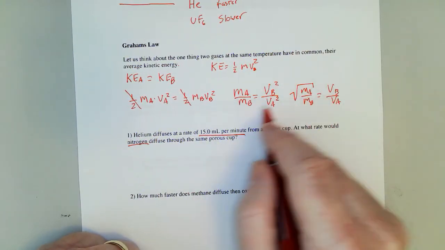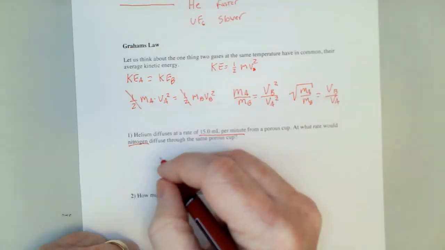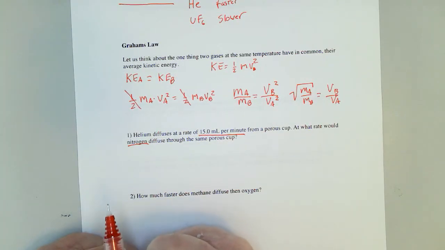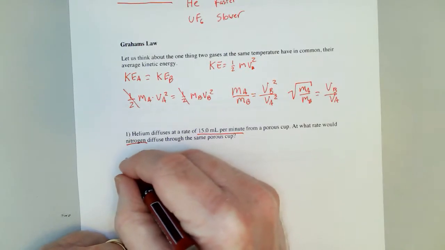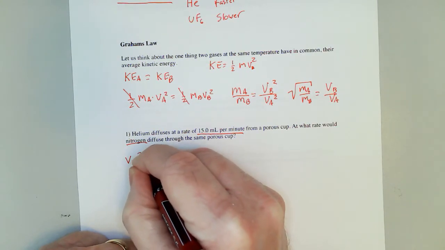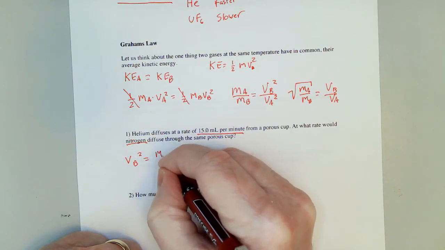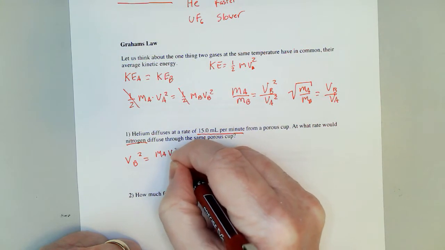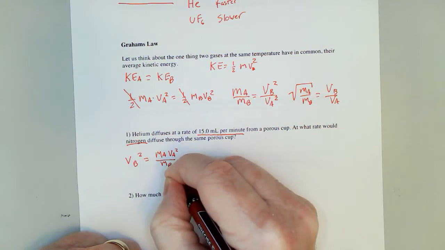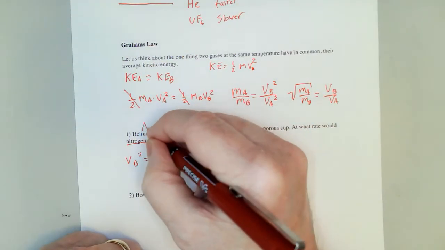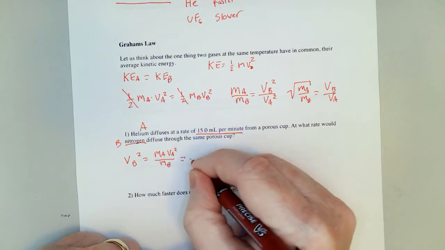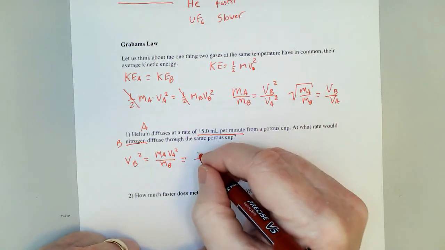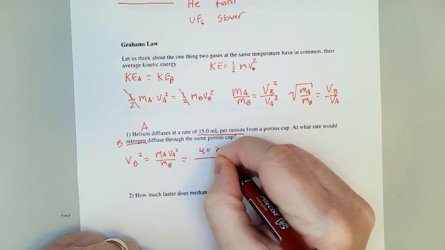Well, rearranging this equation, we just have to identify which gas is A and which gas is B. We're going to solve this for B. Velocity of B squared equals the molar mass of A times the velocity of A squared over the molar mass of B. We'll make helium gas A. We'll make nitrogen gas B. So the molar mass of helium is 4.0 grams per mole.